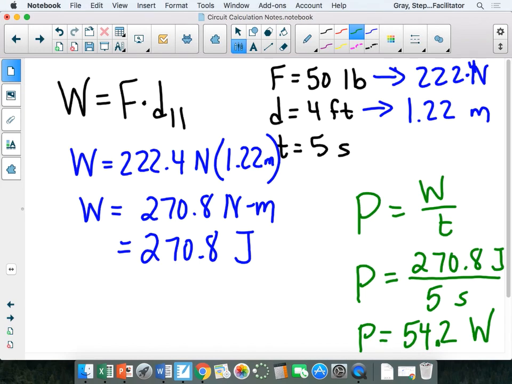Would this be energy out or energy in? It's out because this is what we're getting out of the system. The energy in is going to be whatever the power is from the electricity. Does that make sense? The energy in is what electricity we're putting into it.